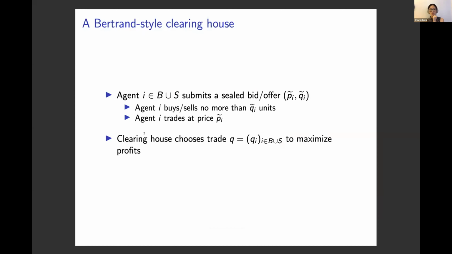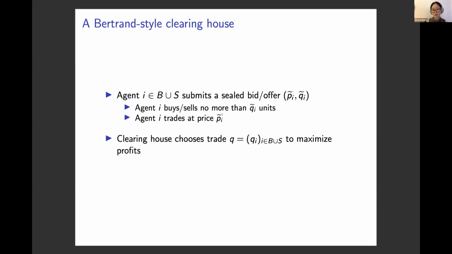The mechanism we propose is a Bertrand-style clearinghouse. So what happens here is that every agent submits a sealed bid to the clearinghouse. And in that sealed bid, the agent needs to specify the price he's willing to trade every unit at, and the maximum quantity he's willing to trade. And if the agent makes any transaction, he will trade at the price he offers.